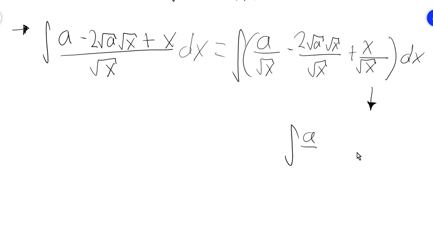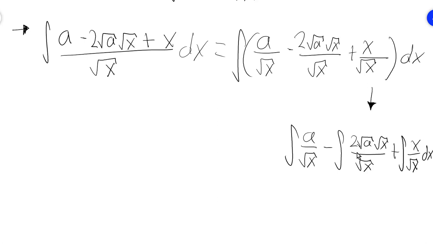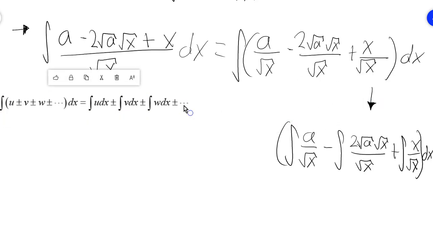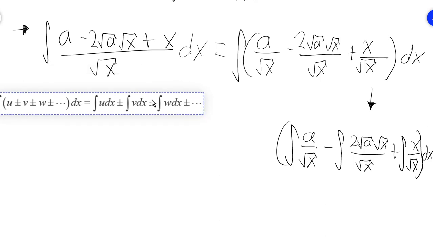We will have the integral of a over this, minus the integral of the second term, which is this, divided by the same denominator, plus the last integral, which is the last term, dx. All right, so this is the same, and this is using this simple rule that I have here.